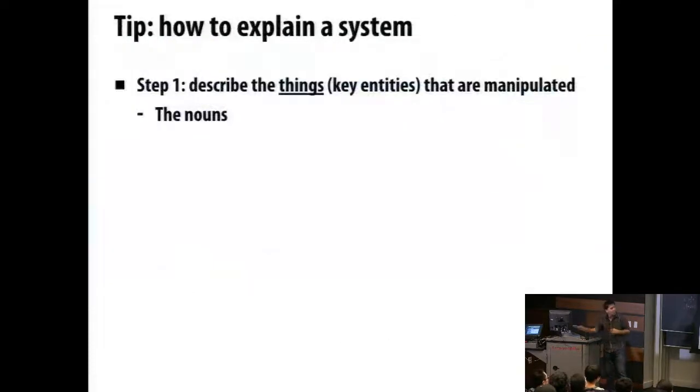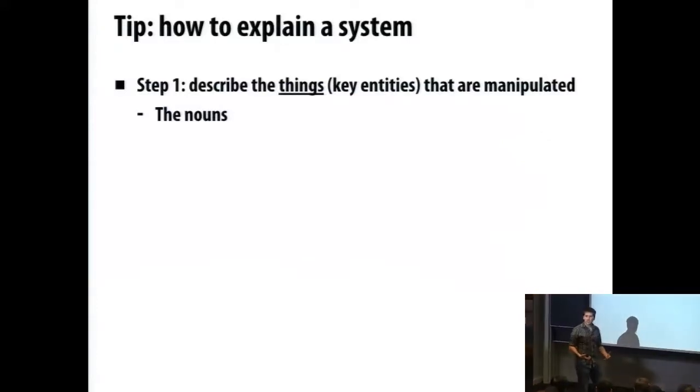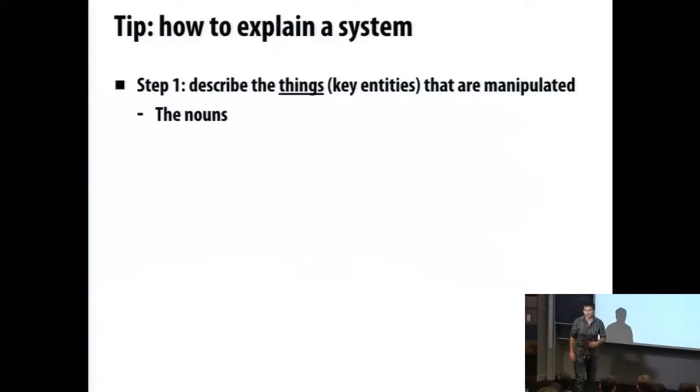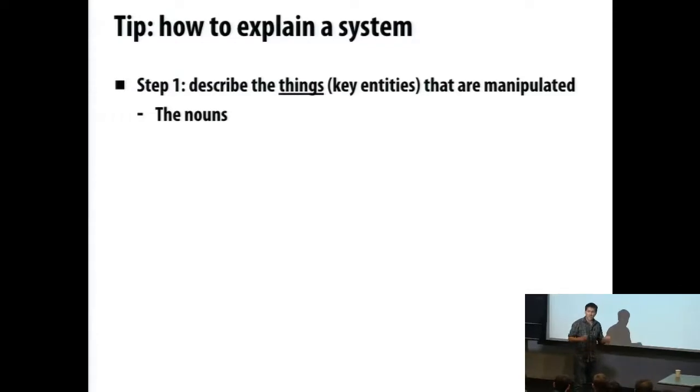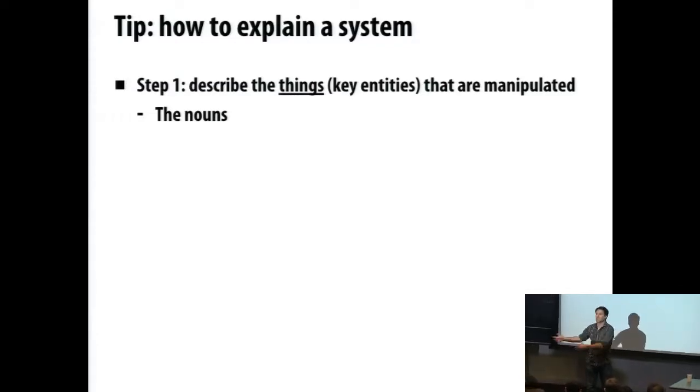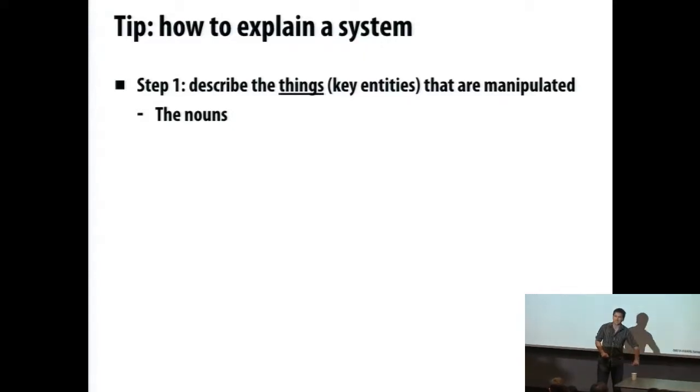Okay, so the first thing that any good systems person does when they're trying to explain a system to somebody else is they start with things. Because systems have state, they have things, and then they have operations that manipulate things. If I wanted to describe to you how a processor works, remember I said there are registers, and there's an execution unit that modifies the registers.